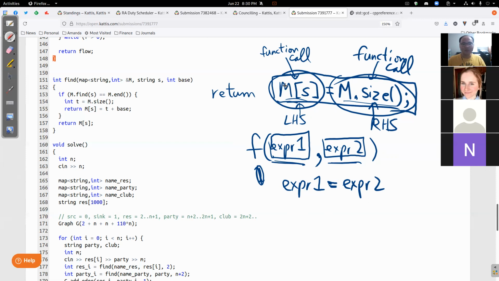The compiler is free to choose whichever one it wants. And moreover, even with the same compiler and same machine, depending on compiler settings, it may decide to change the order. If you optimize versus not optimize, it might switch the order on you. So if you write code like this, it may work on some compiler setting, and then you turn on optimization, it doesn't work anymore, and then you'll be spending forever trying to debug this damn thing.